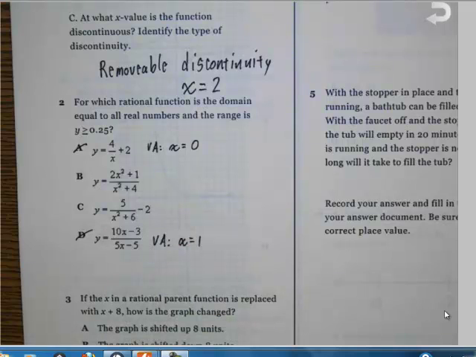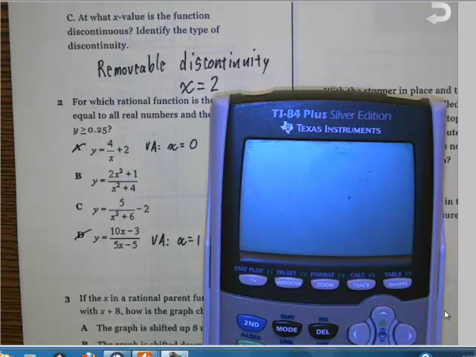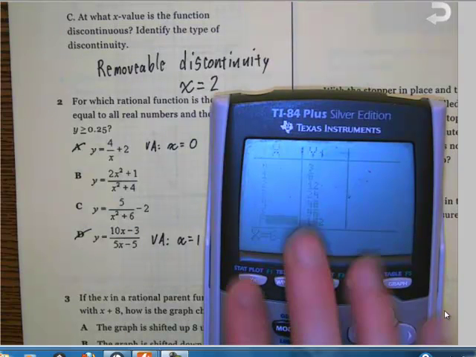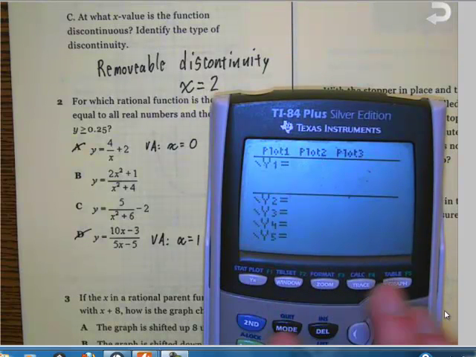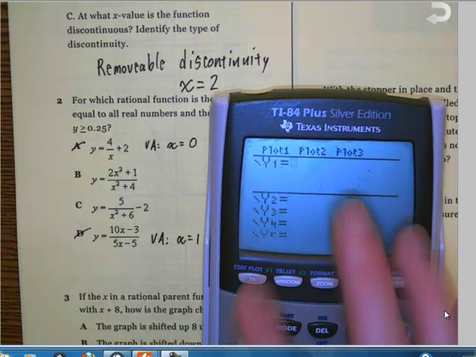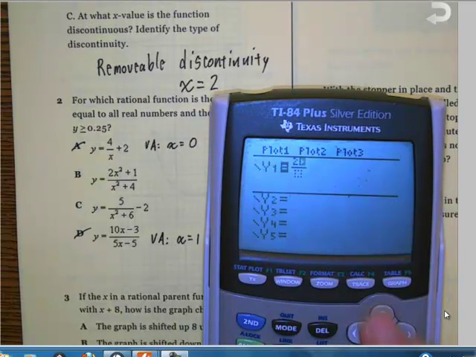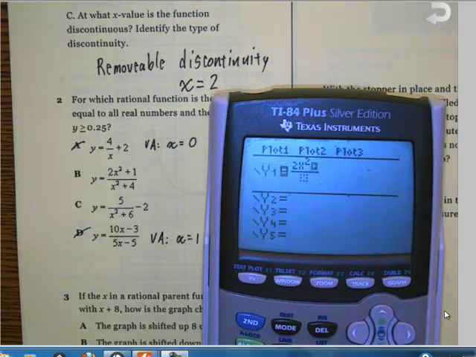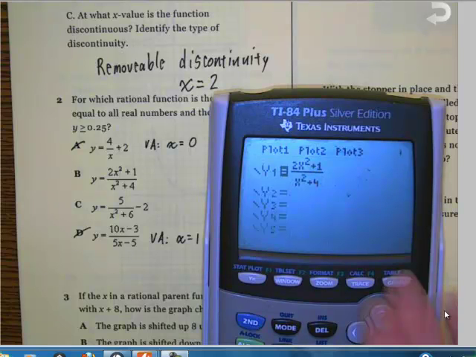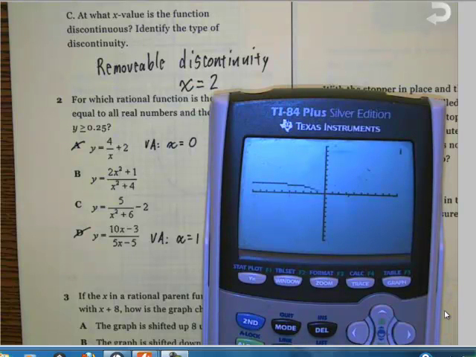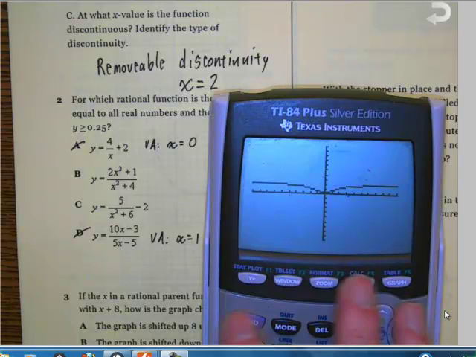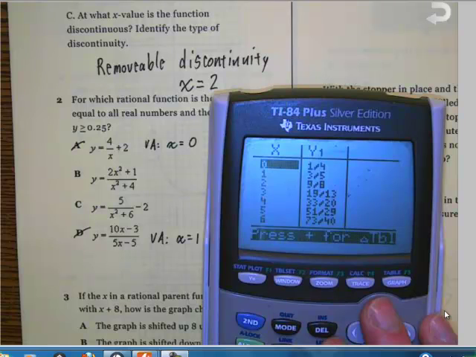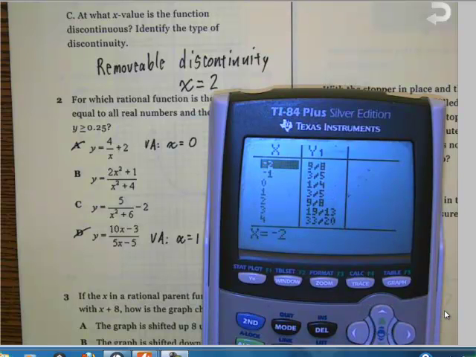Now let's just graph B just to visualize it. So we have 2x squared plus 1 divided by x squared plus 4. Here it dips until you get to 0.4, and then it goes above. And we can actually see this in the table.